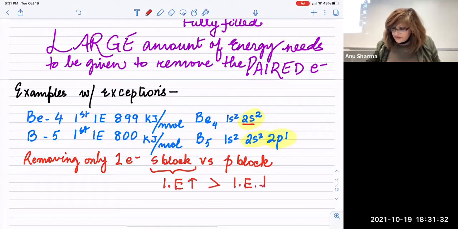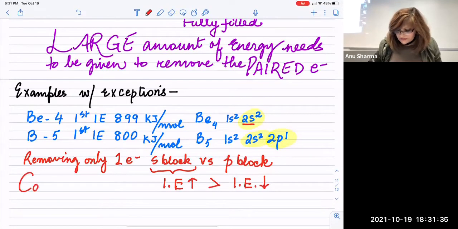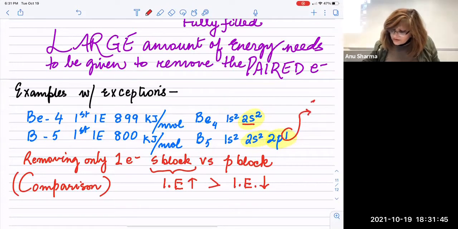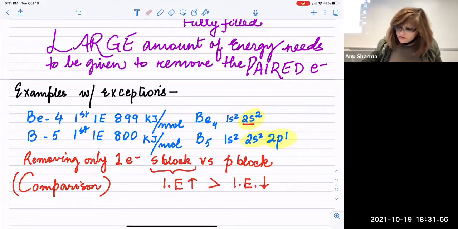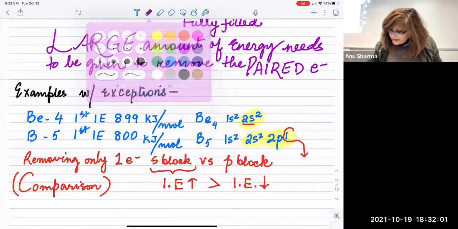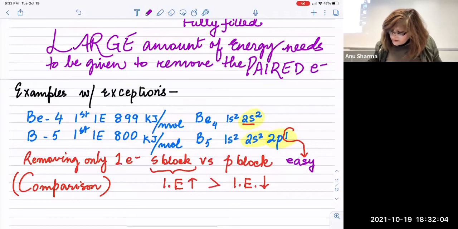It's always in comparison. Okay, so that's one thing. Next is you are only removing one electron that is an unpaired electron. And it's easy to remove one unpaired electron. So let's just put this here. Easy to remove one unpaired electron.